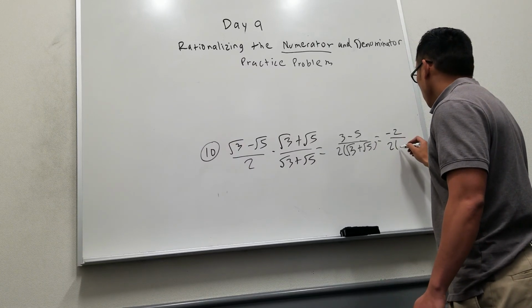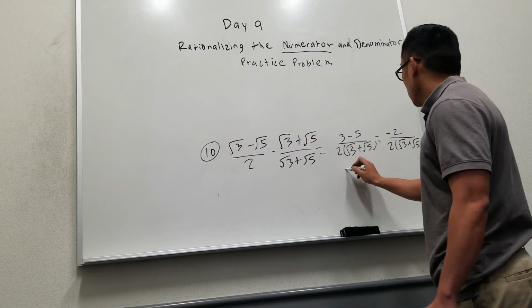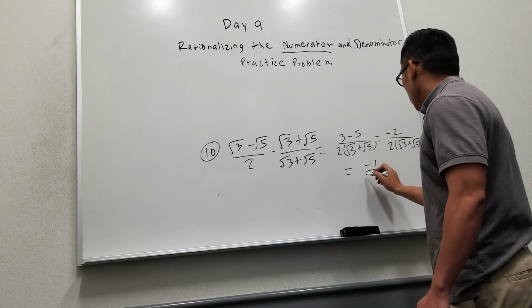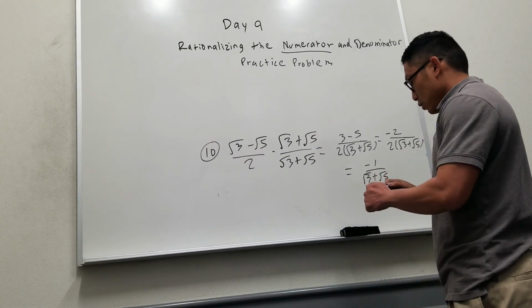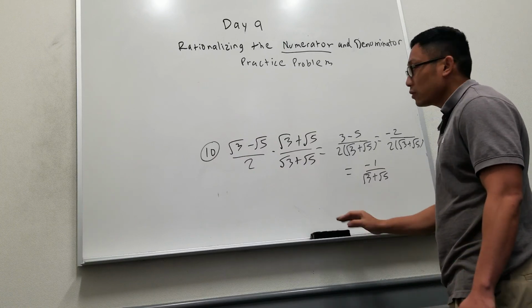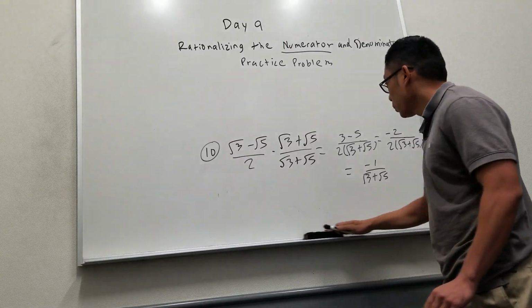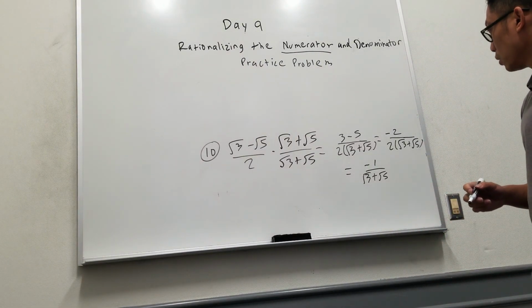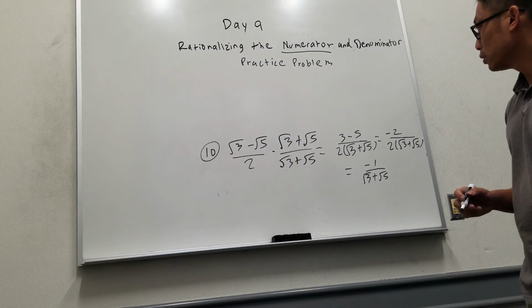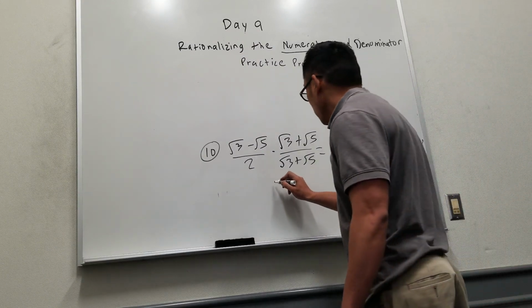Radical 3 plus radical 5, and you have that is equal to negative 1 times radical 3 plus radical 5. That's it. There you go. So, homework problems, you want more practice? Did I do that correctly? Yeah, I did. Yep. Okay, so we have extra homework problems.